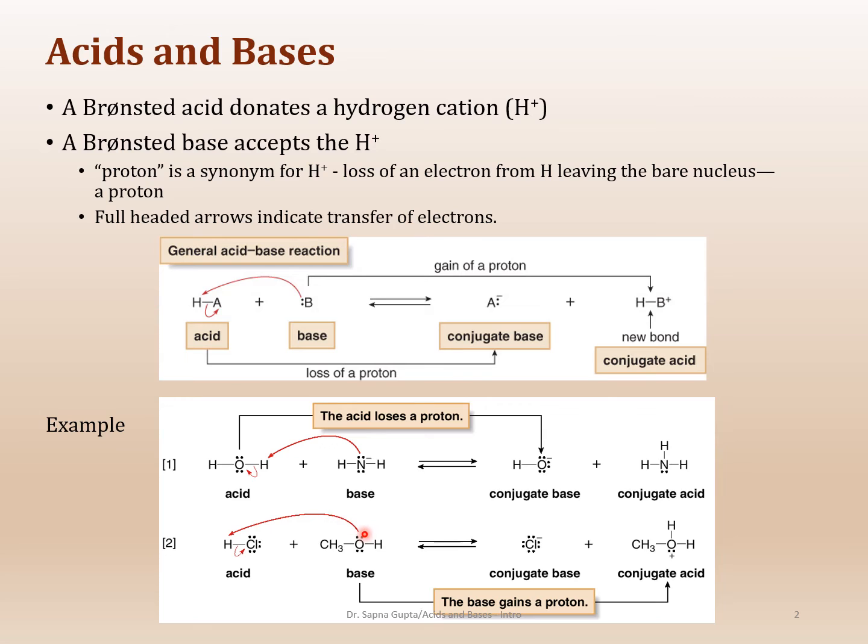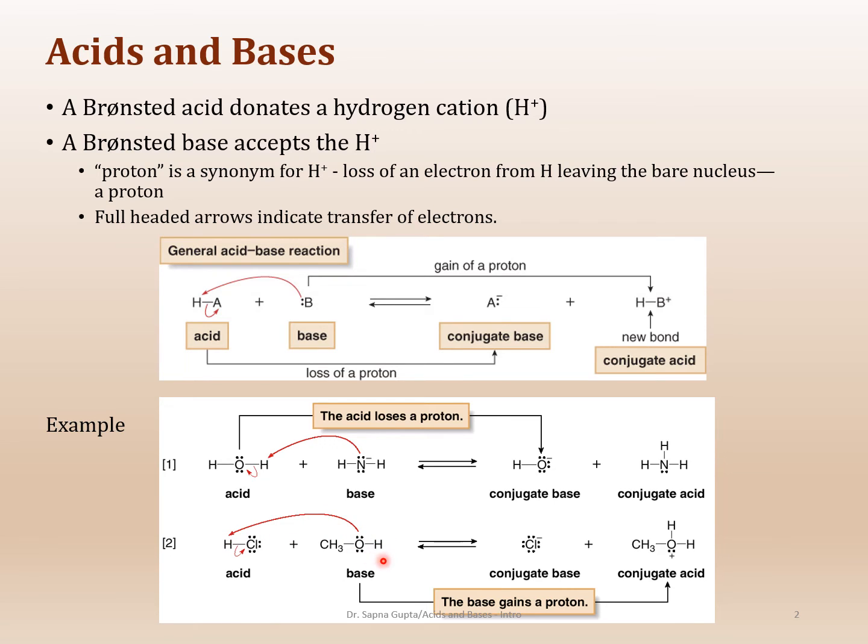And this is actually what we call mechanism. This is the arrow pushing. This is showing exactly where the electrons are being transferred, what new bonds are forming, and what bonds are breaking. This is called electron pushing, and the mechanism of a reaction is what we follow a lot in organic chemistry.